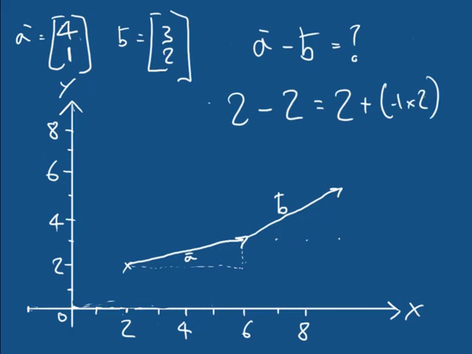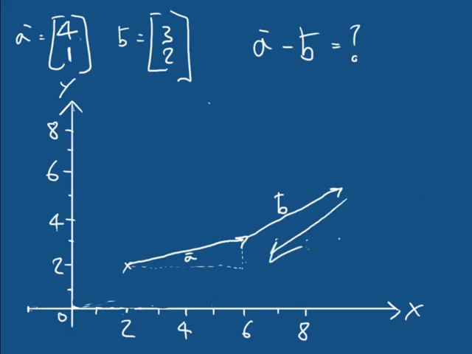But I don't want to get into too much detail on that now, because this is something we're going to cover in a later video. But what I do want to say is, because it's negative, we're effectively traveling in the opposite direction. So instead of traveling in the direction of B, we're going to be traveling in the direction of negative B, if you will.